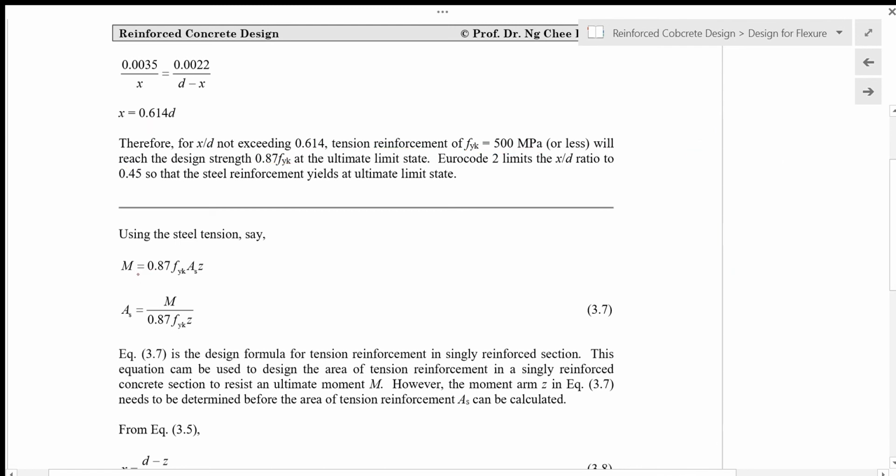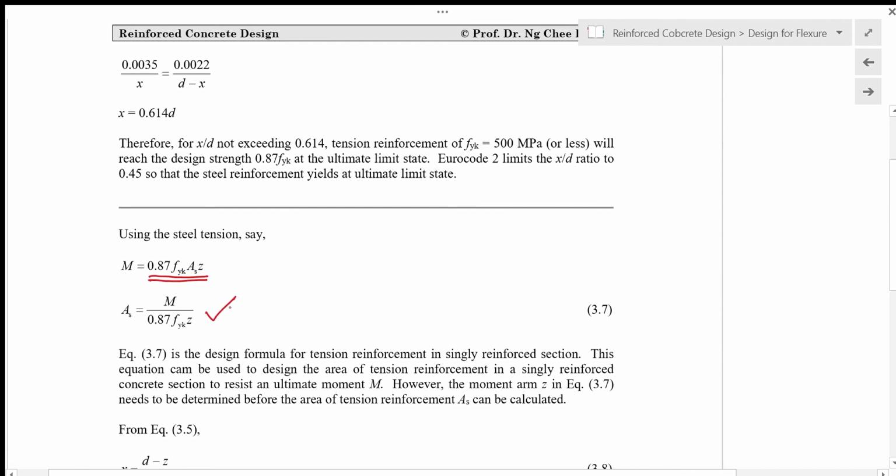Now if we use the steel tension to calculate the moment of resistance, then it will be Fs multiplied by Z, or T multiplied by Z. And then if you move As to the left hand side and move M to the right hand side, then we are going to get this equation here.